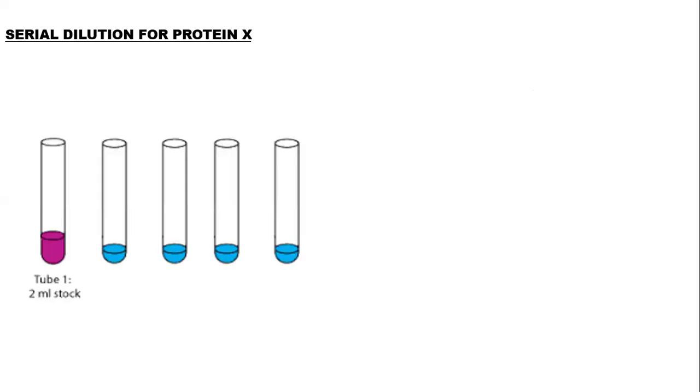The first test tube will contain your stock protein X solution, and the second, third, fourth and fifth tubes will contain different dilutions of protein X. So what you will do in the first place is add 1 mL in each of the test tubes, and it depends on the amount that is given to you from the stock.